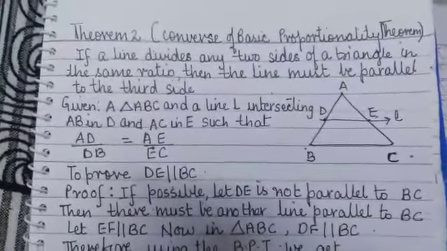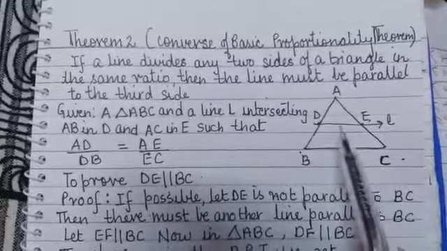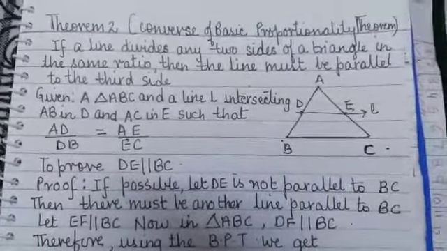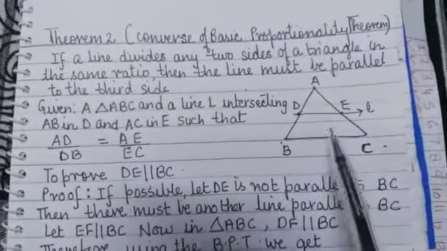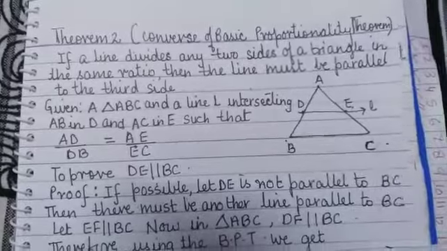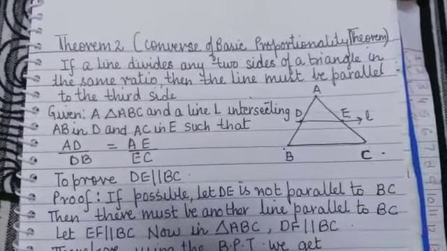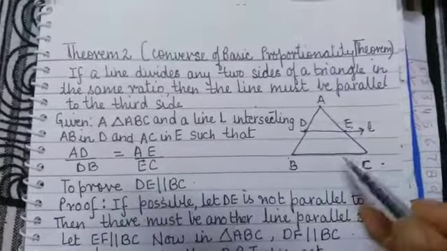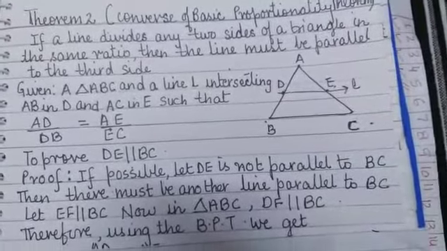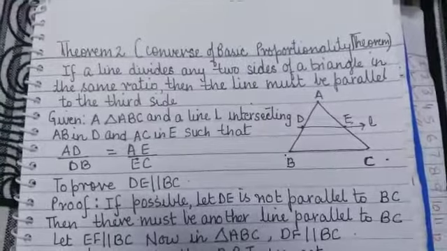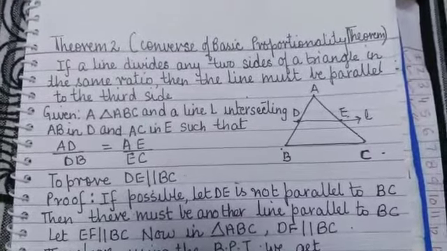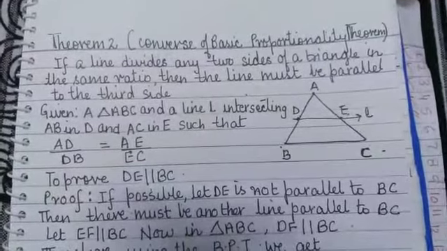If possible, let DE not be parallel to BC. So we are just assuming it. Our assumption is that DE is not parallel to BC. Then there must be another line parallel to BC. So let DF be parallel to BC.